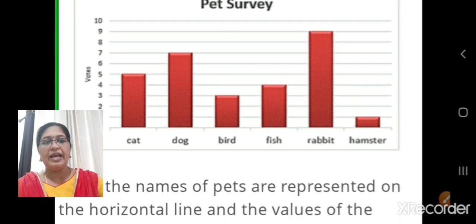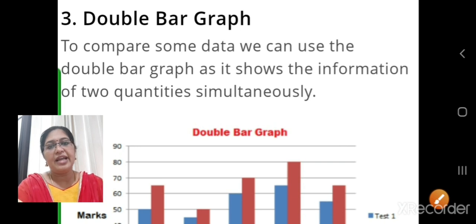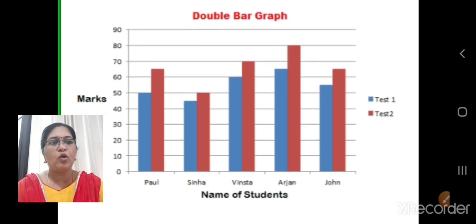Now, next one is double bar graph. It is used to represent two sets of data in a single graph, simultaneously. Here the information is about test 1 and test 2. Blue color is test 1 and red color is test 2 for the students Paul, Shinha, like that.